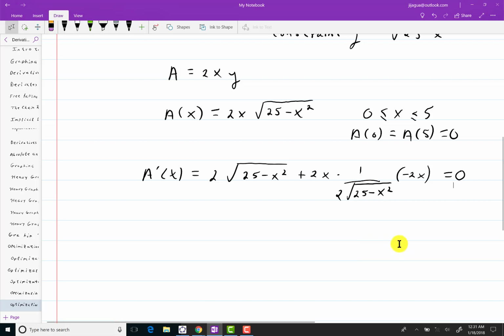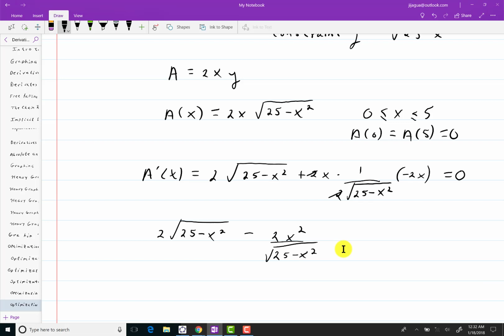Now, one of the things I'm going to do right off the bat is simplify a little bit if I can. Like, for example, I'll take this 2 out and this 2 out. And let me rewrite what I have then. 2 times the square root of 25 minus x squared minus 2x squared divided by the square root of 25 minus x squared.